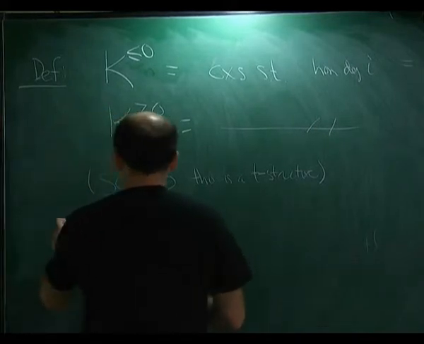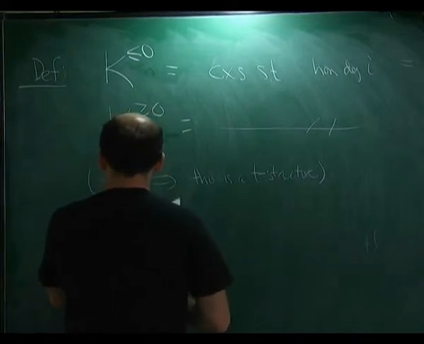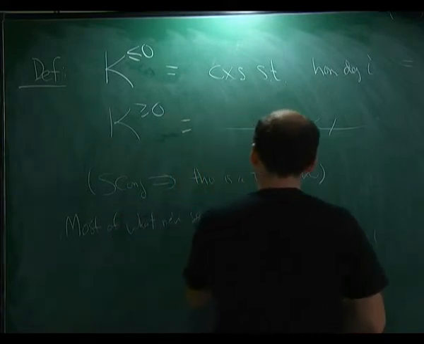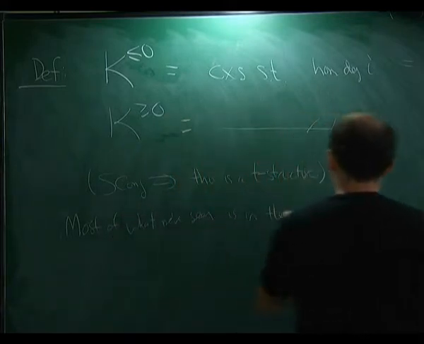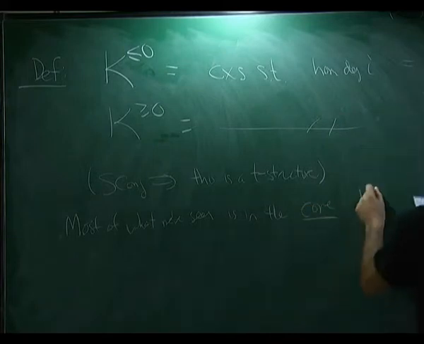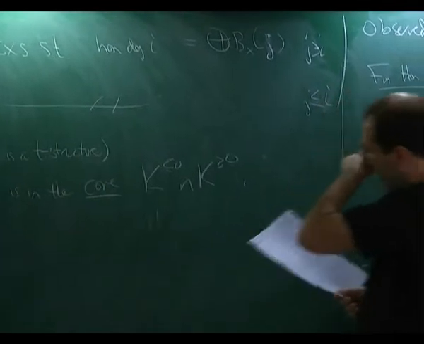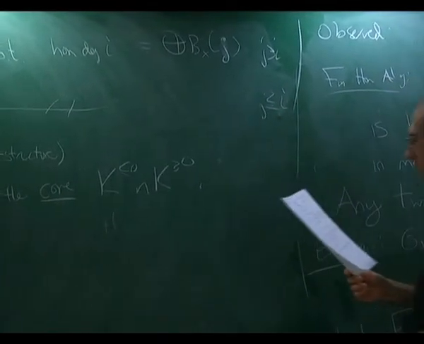Okay? And so most of what we've seen is in the core, which by definition is the intersection of these two things, where the homological shift is equal to the degree shift.